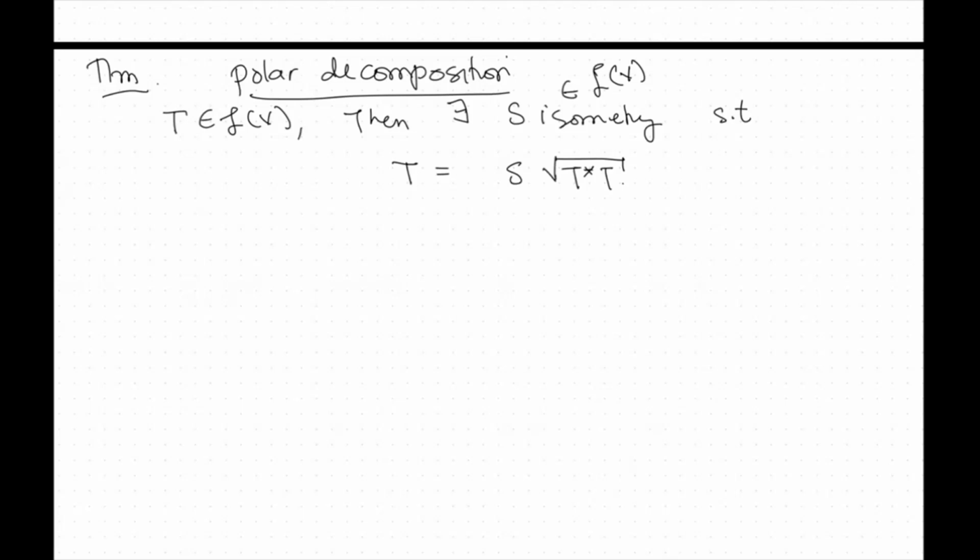Let us first start with a vector v in our vector space, and then we take the magnitude of that.